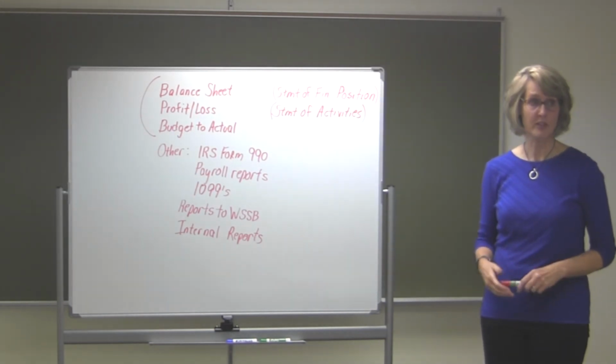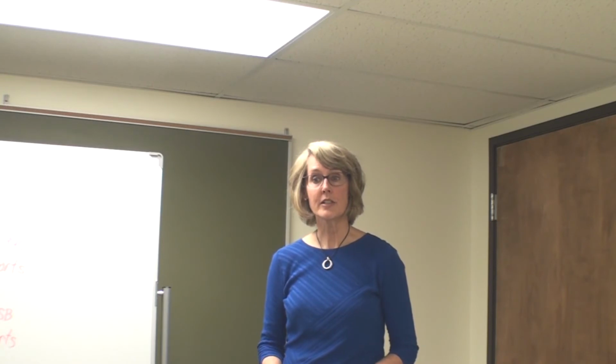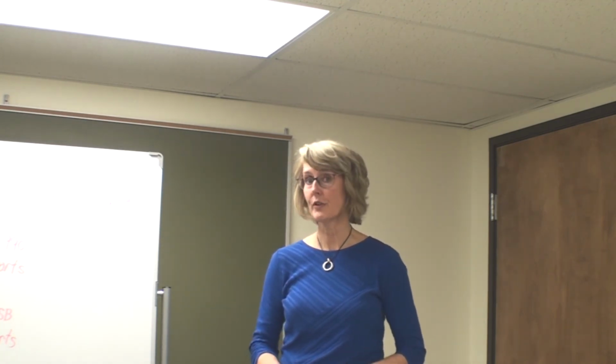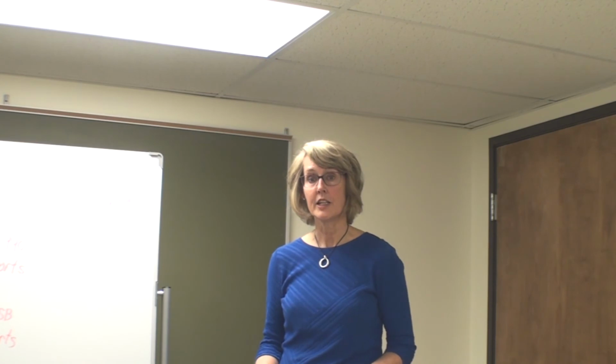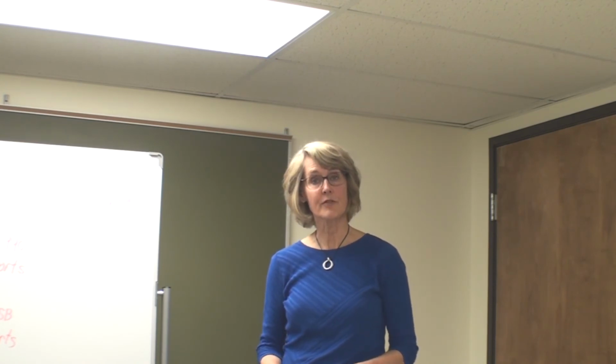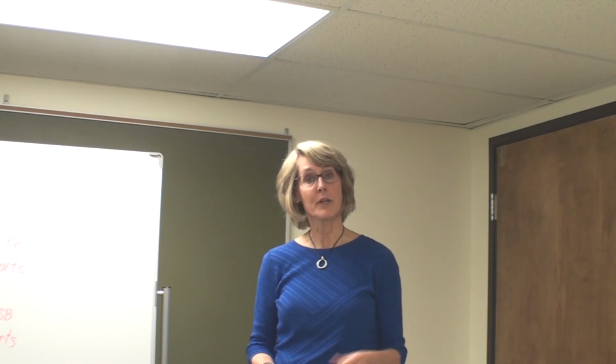So you need to be watching those very carefully. The budget to actual report can help remind you if you're looking at it frequently. If an expense category such as fuel has dramatically increased, you may need to even go back to the state and ask for an amendment of that budget line item.